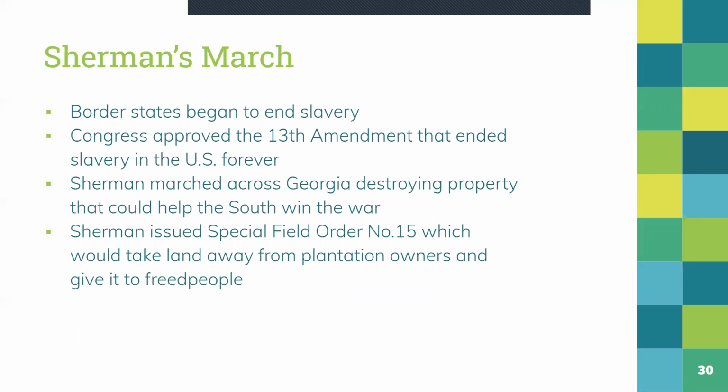By this time, border states realized that the tide is turning against slavery. And so border states began to end slavery one at a time. And then at the beginning of 1865, Congress approves the 13th Amendment that ends slavery in the United States.